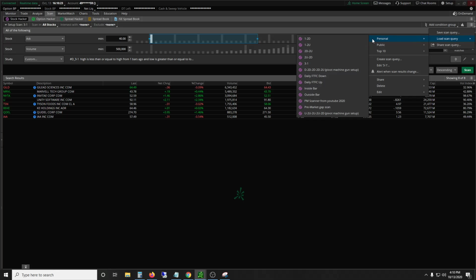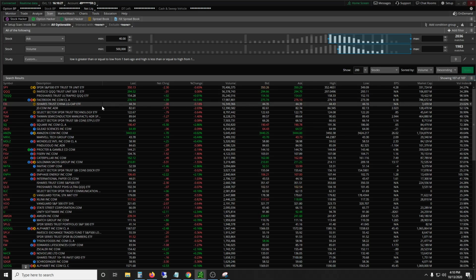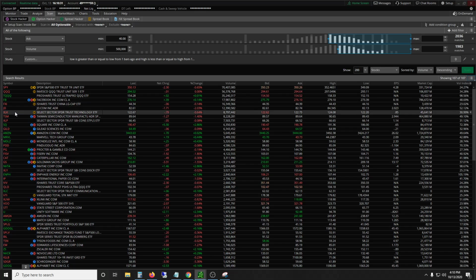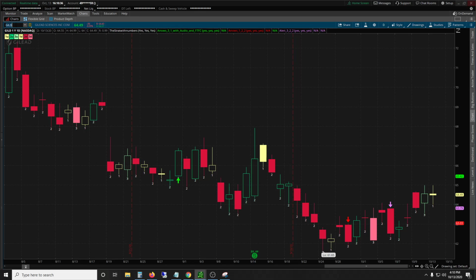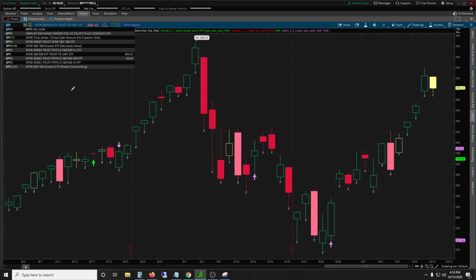I also have a regular scan, that's for a 3-1. I have one for an inside bar, and this one is going to be loaded. SPY, Qs, Facebook. I mean, look at all these. You look at the daily. Qs, inside. SPY, inside.